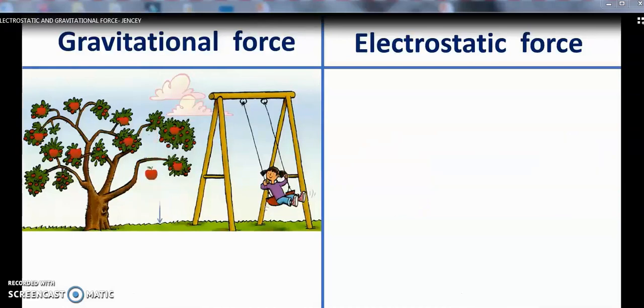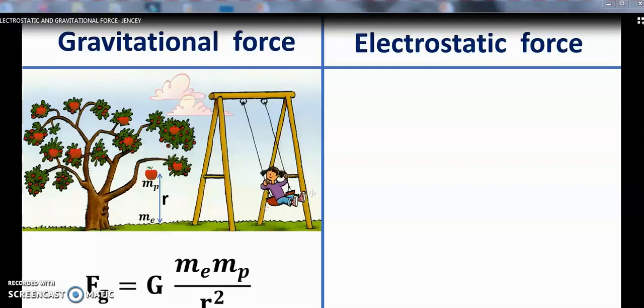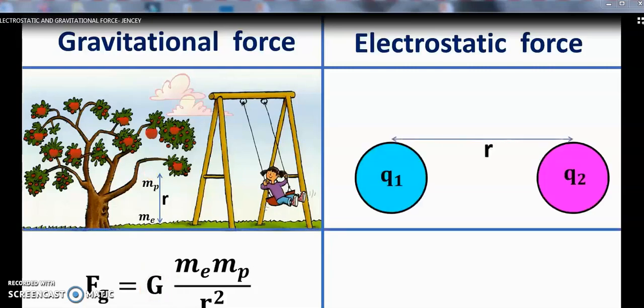The gravitational force is given by the universal law of gravitation, that is Fg is equal to G multiplied by Me mp upon r square, where G is a gravitational constant. Electrostatic force is given by Coulomb's law, that is Fe is equal to K multiplied by Q1 Q2 upon r square, where K is Coulomb's constant.